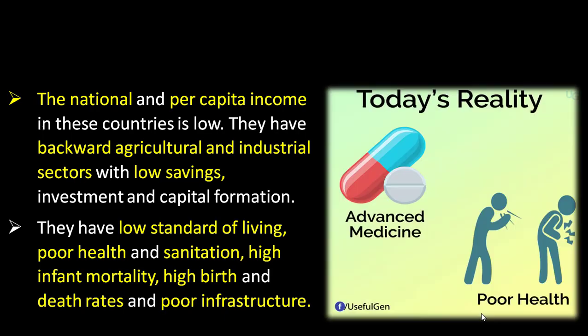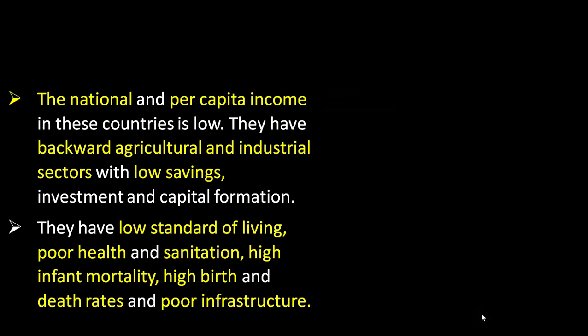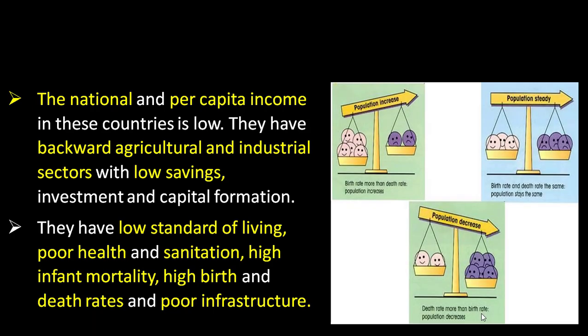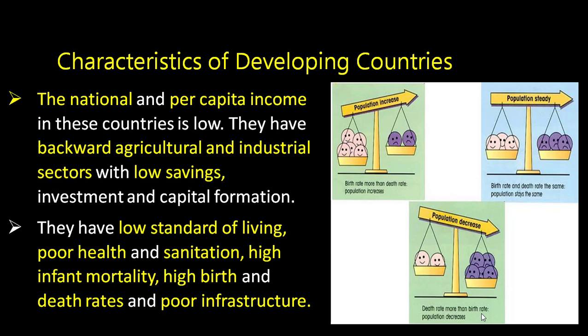They have a low standard of living and poor health and sanitation, even a high infant mortality rate, obviously high birth and death rates, and poor infrastructure. These are the main characteristics of developing countries. That is the concept of the types of economies on the basis of level of development, developed countries and developing countries.